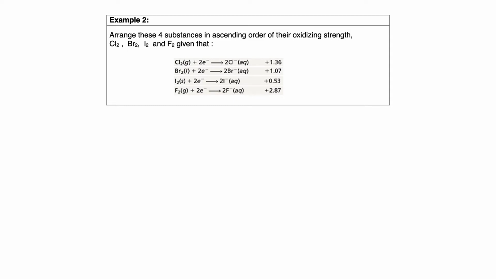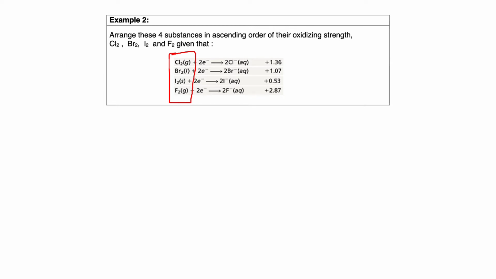Oxidizing strength means they have a tendency to become oxidizing agent. So to become an oxidizing agent, like I told you before, we are going to focus on this part, because the reactant part will be the oxidizing agent.